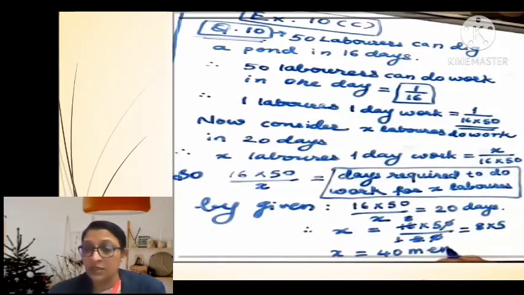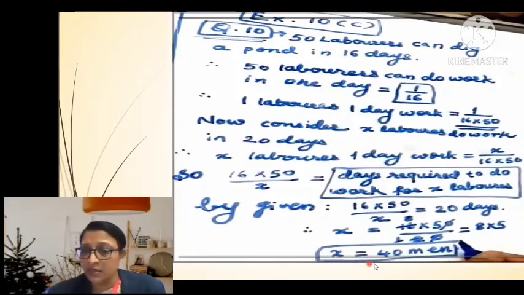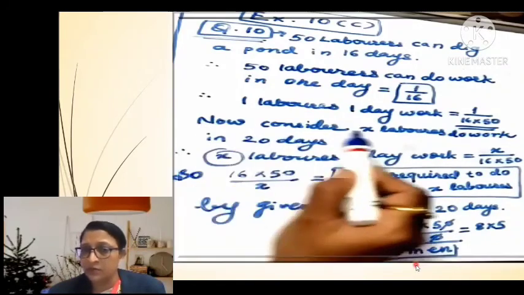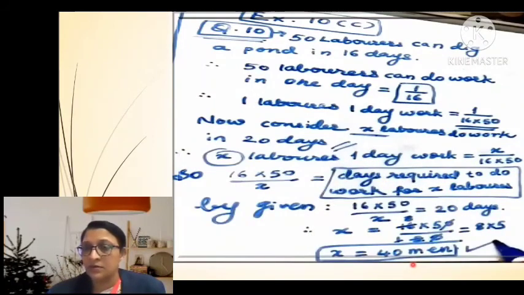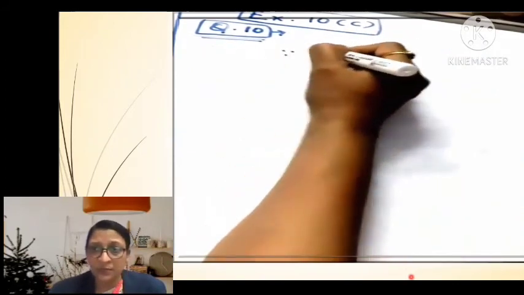So this is the number of men. We have considered here X laborers, means number of laborers is 40. So 40 laborers working in 20 days. Now just we will go to the text again.